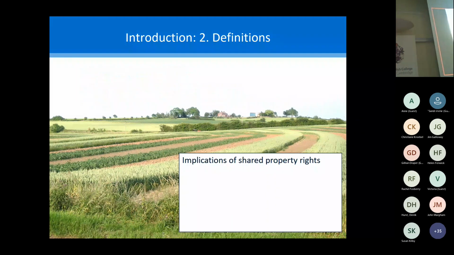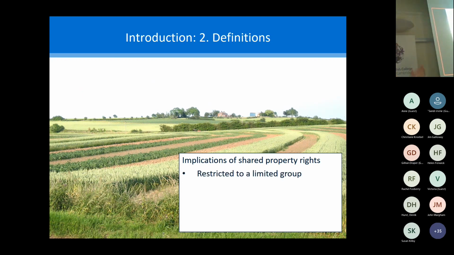In practice, each person who has a share in that field has a right of property which is defensible in law. And that right of property is intended to protect him or her, or probably him, from damage to his crops, from lack of access, all those things.